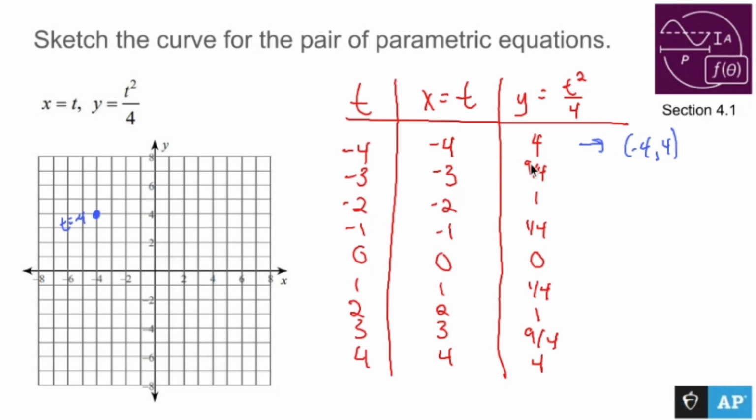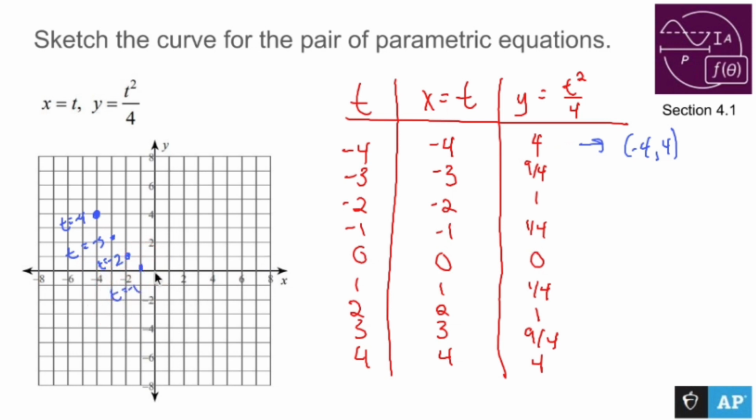-3, 9 over 4 is like 2.25. So -3, 2.25 is when t was -3. When t was -2, I get -2, 1 lives right here. So t is -2. When t is -1, I got -1 and then a quarter. So that's when t was -1.